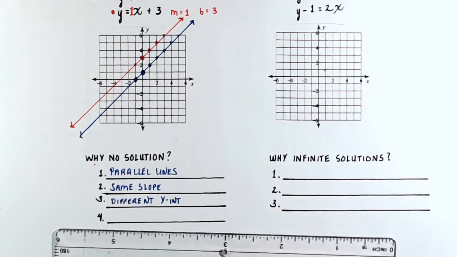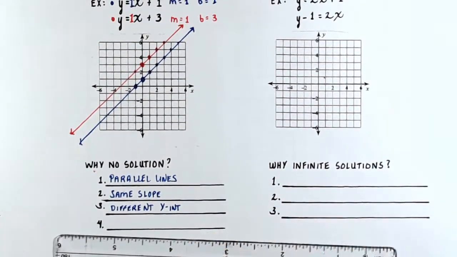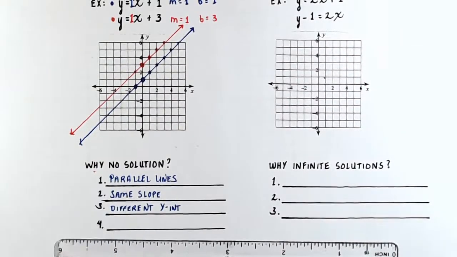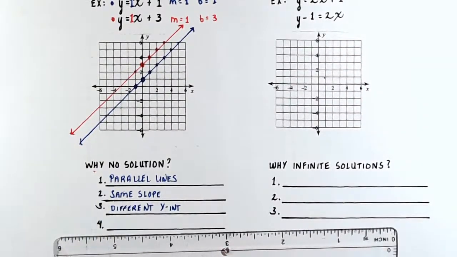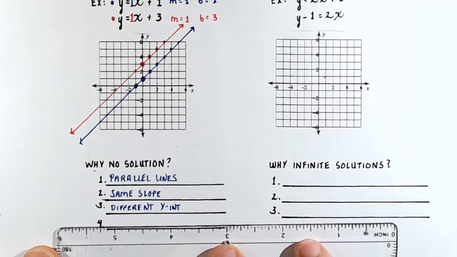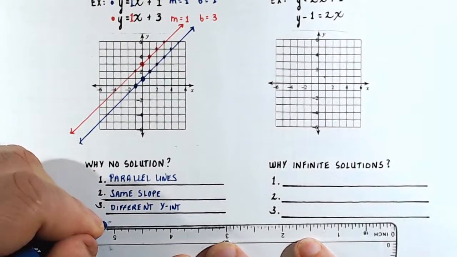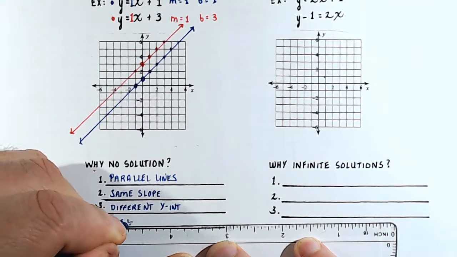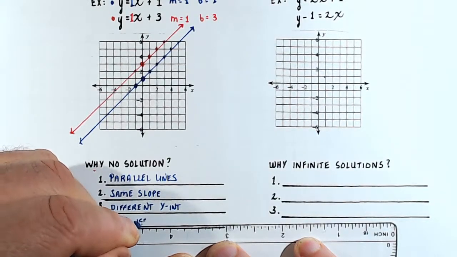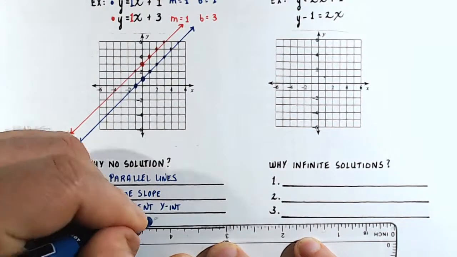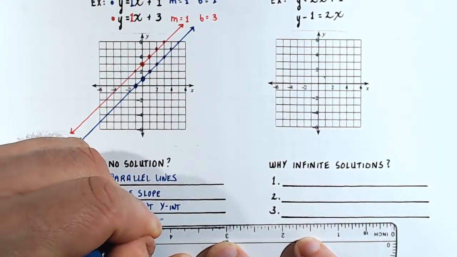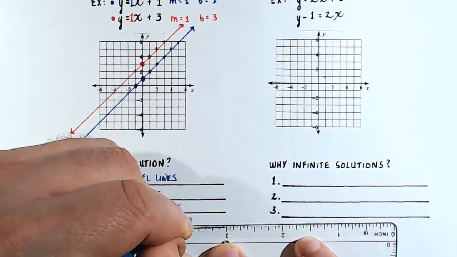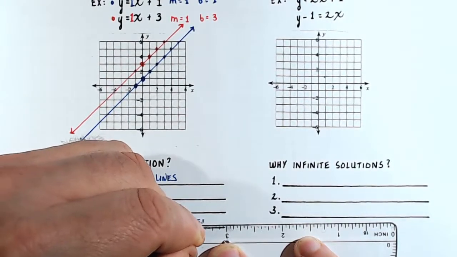Okay? Number 4 is kind of a reiteration of number 1. The effect of parallel lines is that the lines never intersect. They never cross. And I'm writing never intersect.